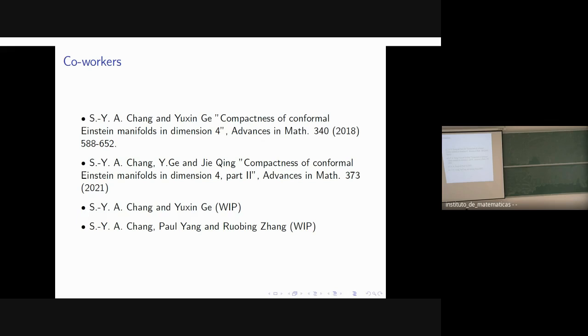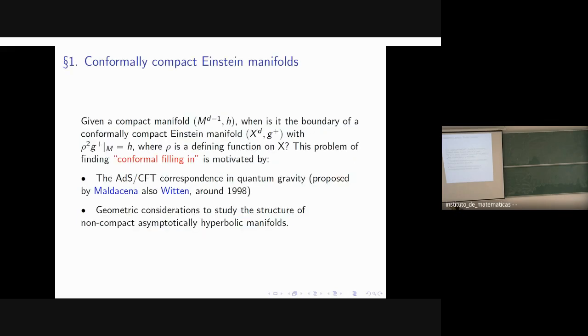Okay. So the problem we are studying is the following. Given a compact manifold, my manifold is M^{d-1}. Sometimes I denote this d-1 by n, so this is an n-dimensional manifold.